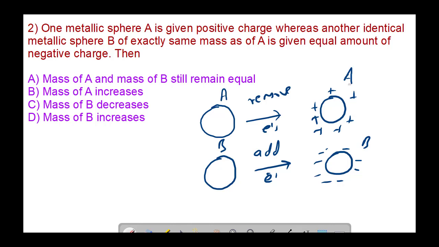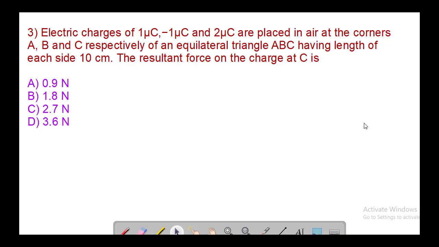So A has fewer electrons, because of which it becomes positive. B has more electrons, therefore it has become negative. Because an electron has a mass, in case of B there are more electrons as compared to A, so mass of B increases. This is the answer.